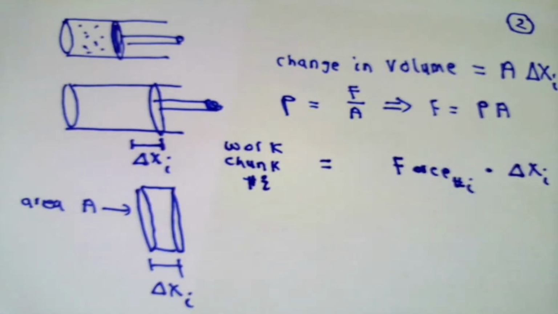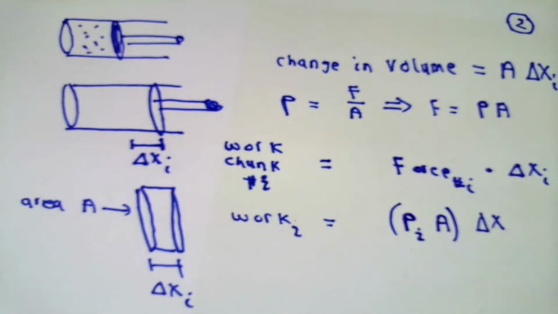If I think about the amount of work done just moving the piston head in the indicated situation, this is going to be the force acting in that chunk of the motion multiplied by how much I changed position. This is our generic force times distance idea. But now we know something more. The force is the pressure multiplied by area A.